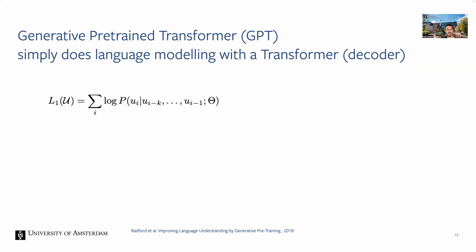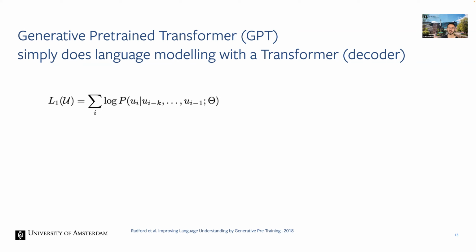It simply does this via language modeling with a transformer that we've covered already. Here you can see that instead of words, we have u, and we have now this parameter theta. Theta just represents all the neural network parameters. And you can see this u_i given u_{i-k} up to u_{i-1}, so we have k items here.